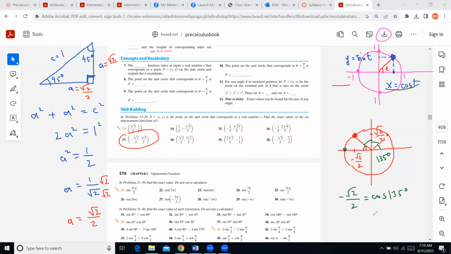And the y coordinate, which is positive root 2 over 2, is sine, right? 135. Why is that? Well, that's how we define them. So x coordinate is cosine, so this is your cosine, right? And the other coordinate, y coordinate, is sine. It's always like that. That's definition.